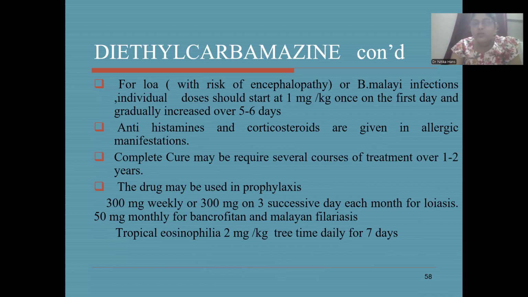The drug may be used in prophylaxis: 300 milligram weekly or 300 milligram on three successive days each month for loiasis, and 5 milligram per kg monthly for Wuchereria bancrofti and Brugia malayi filariasis. For tropical eosinophilia, 2 milligram per kg three times daily for 7 days.